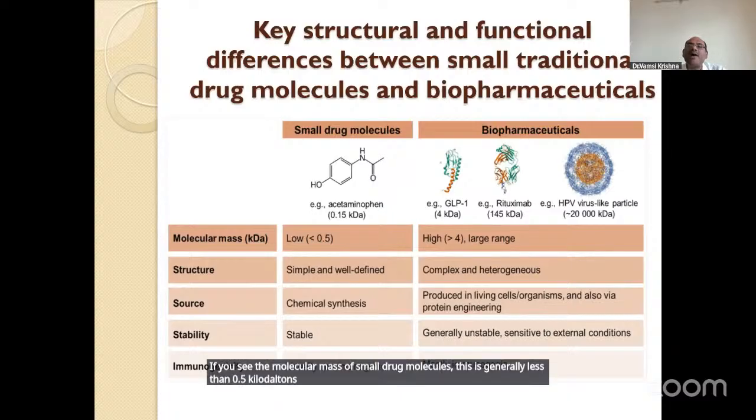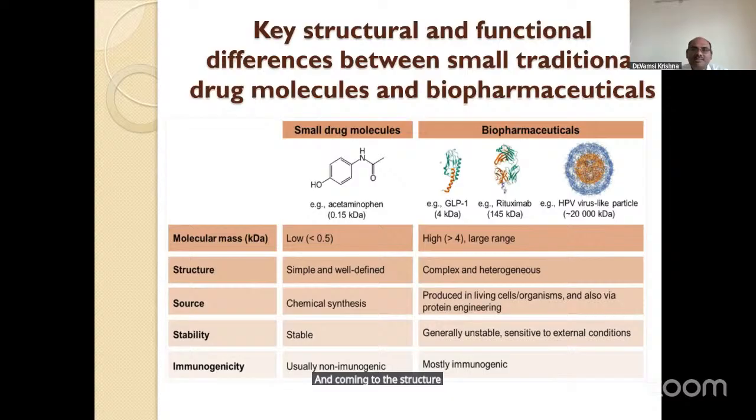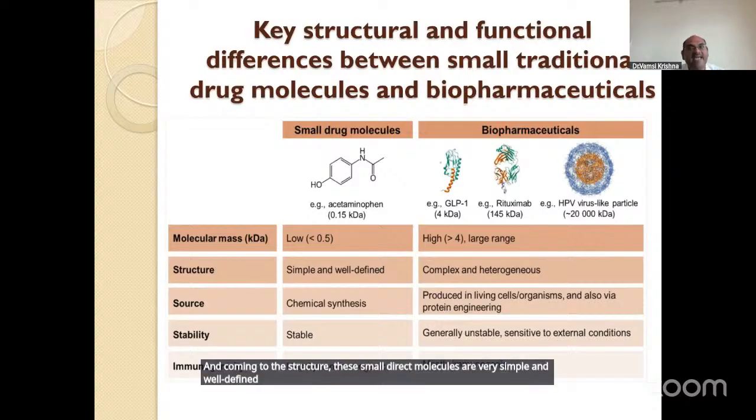In the case of biopharmaceuticals, the molecular mass is greater than 4 kilodaltons. These are a very large range. Coming to the structure, small drug molecules have a very simple and well-defined structure. But biopharmaceuticals are very complex and heterogeneous.